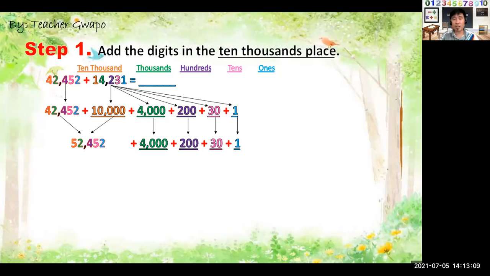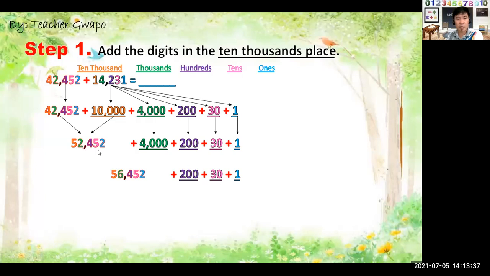After we add the 10,000s place, we will proceed to the thousands place. We are finished with the 10,000s, so we are here in the thousands place. As you can see here, ones, tens, hundreds, thousands. The thousands place here becomes 6. Why is it 6? Because in 52,000, the thousands place is 2.